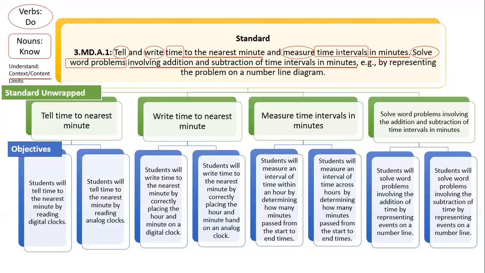So this is still a time interval that only involves minutes, but it crosses an hour. It crosses from 8 o'clock to 9 o'clock. This is harder for students to figure out how many minutes passed, and that's why I broke this part of the standard into two separate objectives.